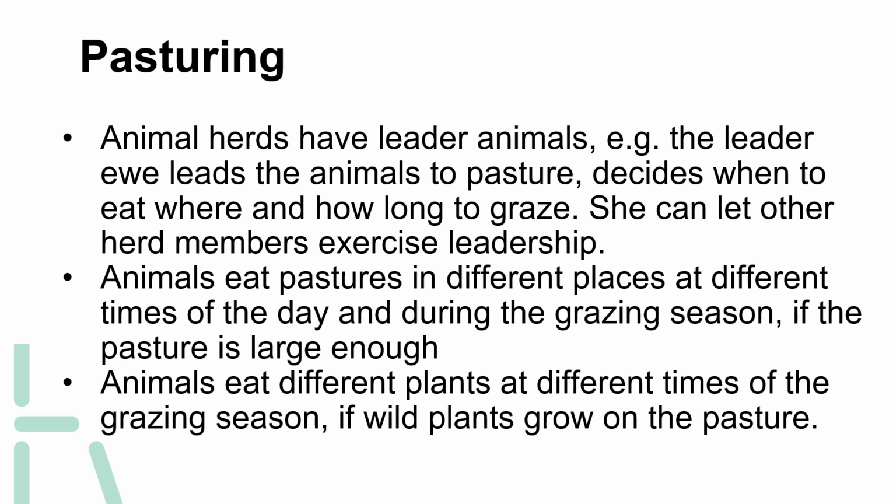Animals on pasture eat in different places at different times of the day and during the grazing season, if the pasture is large enough and if it has enough different types of plants to choose among. So if you are sowing only 3 or 4 grass plants on your field to eat, then of course they cannot choose that much.